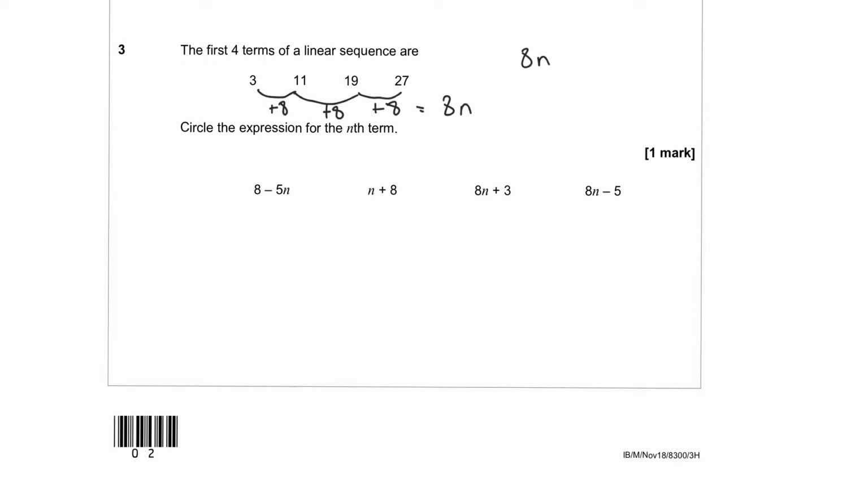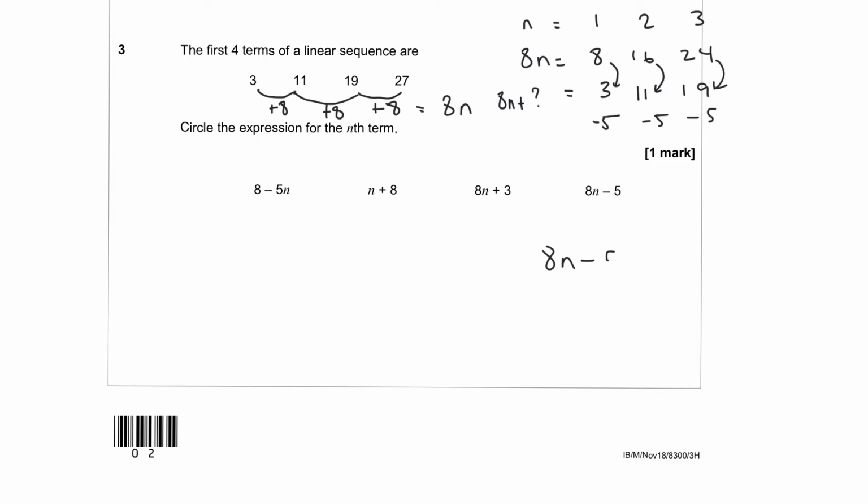Then if I work out the first 3 terms of 8n when n is 1, 2, and 3, it would be 8, 16, and 24. And I'm trying to get the numbers of the sequence 3, 11, 19. So to get from my 8n to the sequence, it's being minus 5 each time. So I know that my sequence is 8n minus 5.